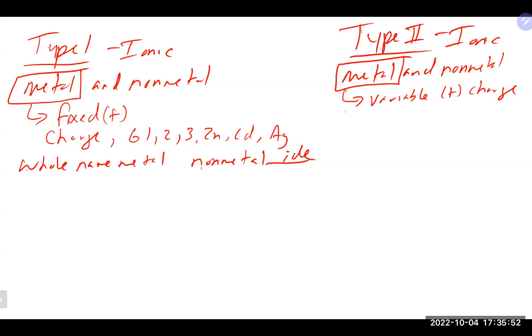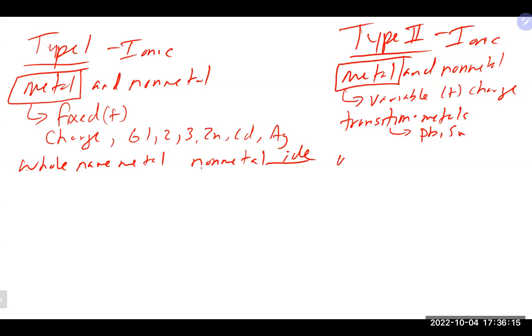So those are typically your transition metals, and things like lead and tin on the periodic table also fall under here. Because they have a variable charge, you need to tell everybody what the charge is on the metal when you name these guys.